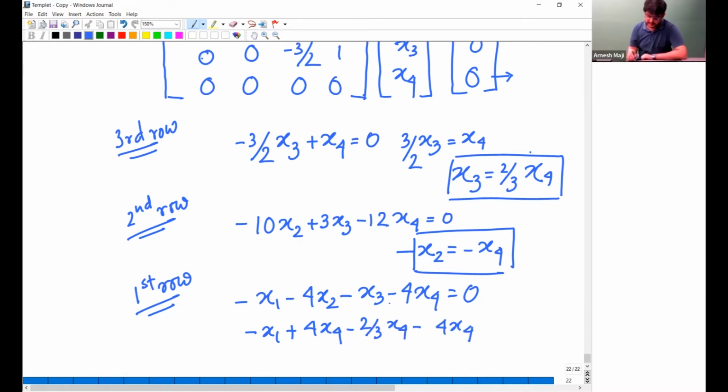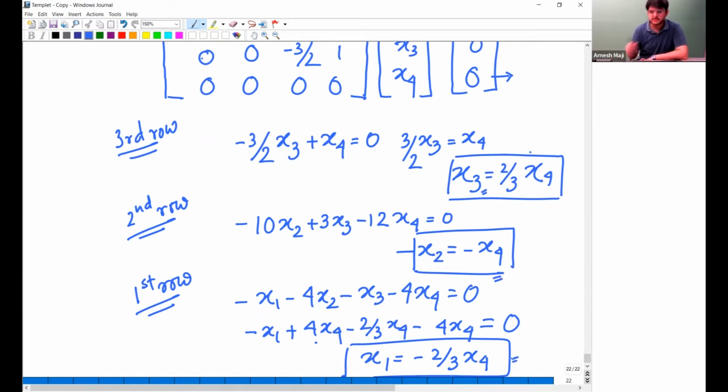We have replaced x3 with this equation in terms of x4, and we have replaced x2 equal to minus x4 with this, and with this we will get x1 in terms of x4. If you see carefully, we have got three relations. x3 depends on the value of x4, x2 depends on the value of x4, and x1 depends on the value of x4.